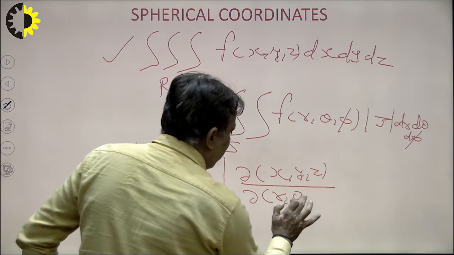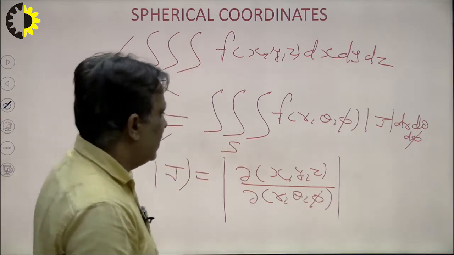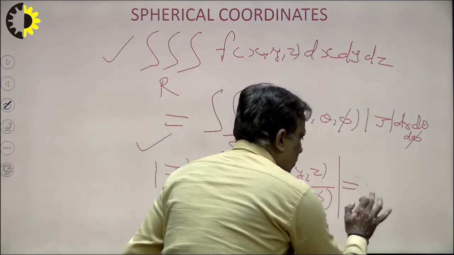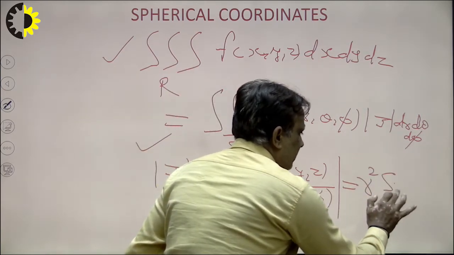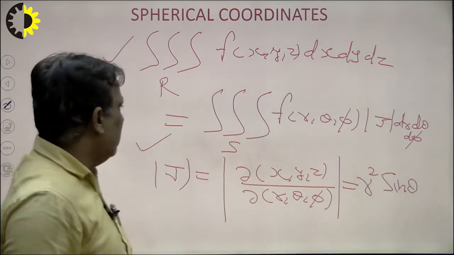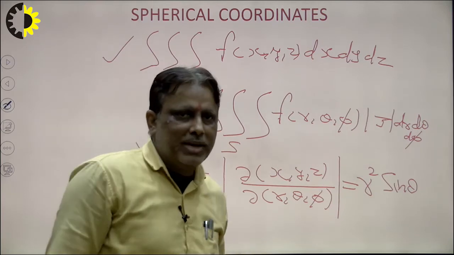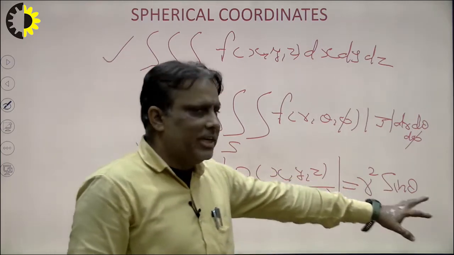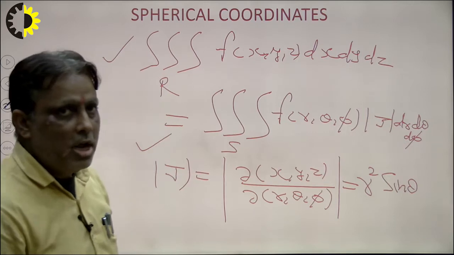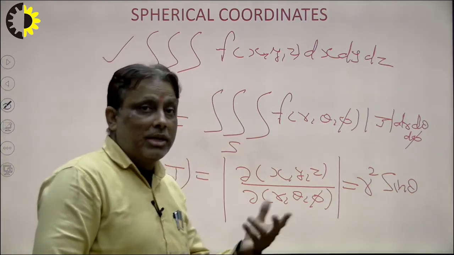In this way the Jacobian of spherical coordinates is equal to r square sin theta. Students, remember it. Now the question is how to use this in the given problem.